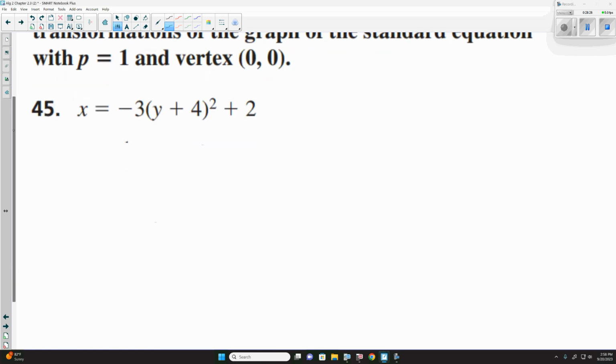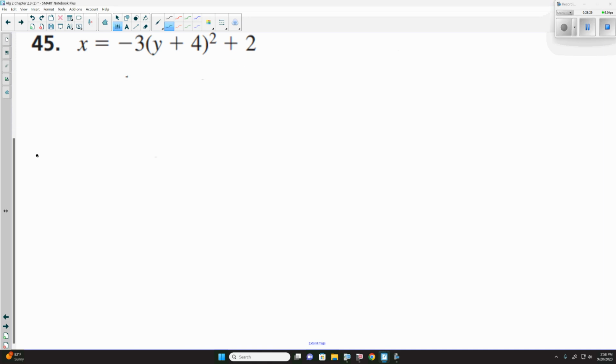Now, this one's a little bit different than the ones we've had so far because the number in front of the parentheses is not a fraction, and it is negative. So x equals 1/4p times... We can put it over 1, but we don't necessarily need that. But we still need to find the values of h, k, and p. Now, looking at this form, what is the value of h?